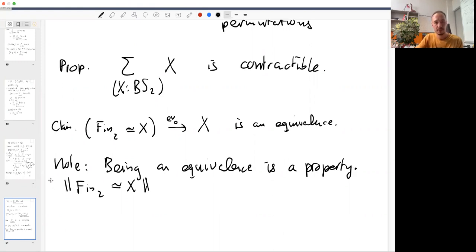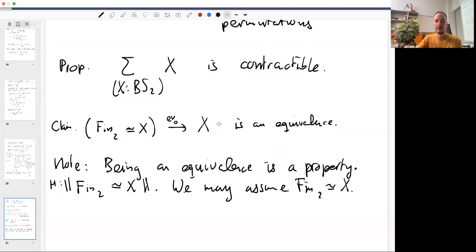We have some hypothesis of this type, and since we are proving a property, we can use now the universal property of the propositional truncation that we saw last week. So we may assume that Fin 2 is equivalent to X.